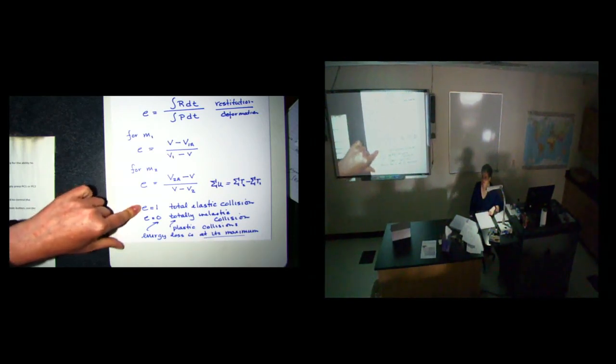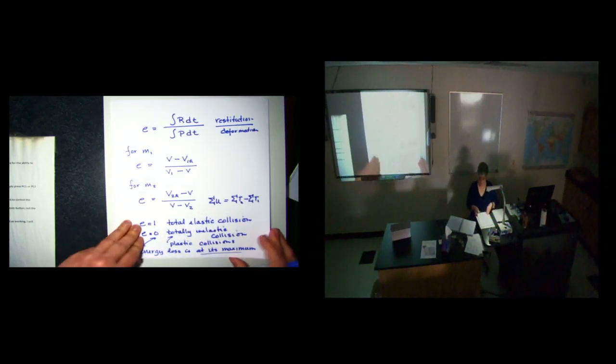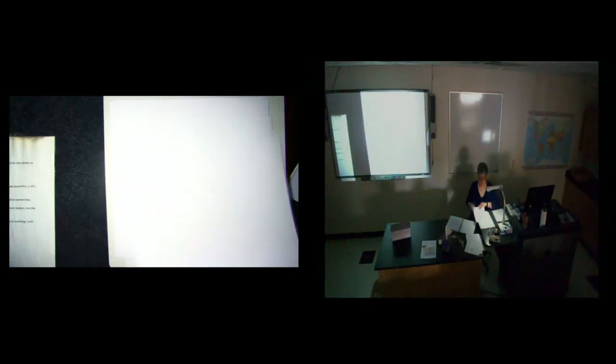All right, so let's look at some collisions to help work through some of this. We're going to start with an example, and we're going to break it into parts. We've got a pan sitting on a spring. The pan has a mass of 10 kilograms. The spring has a spring constant of 20 kilonewtons per meter. I'm going to have a 30 kilogram block.